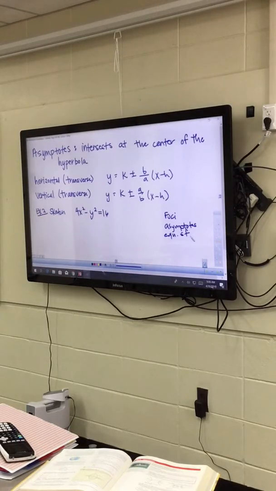In this equation, 4x squared minus y squared equals 16, is the transverse axis going to be horizontal or vertical? Well, x squared is first, and when we divide by 16 to get rid of the 16 on the right-hand side, we still have x squared minus y squared.